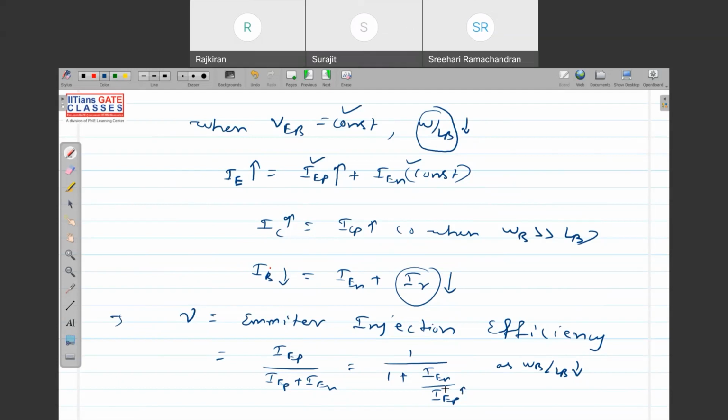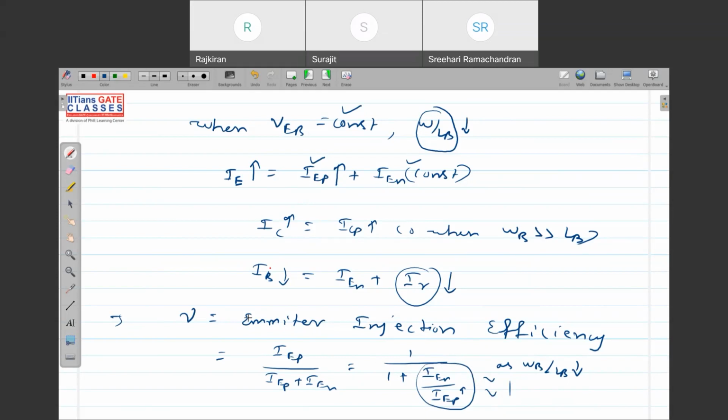So as I go on decreasing WB by LB, IN is constant and IEP is increasing. What happens to this ratio? It is decreasing. So this injection efficiency will go towards 1, meaning it becomes more efficient.